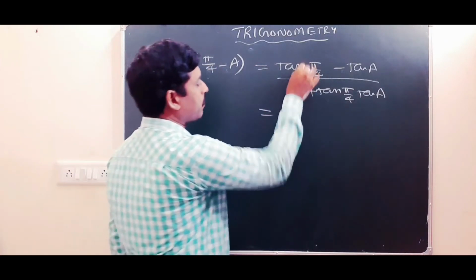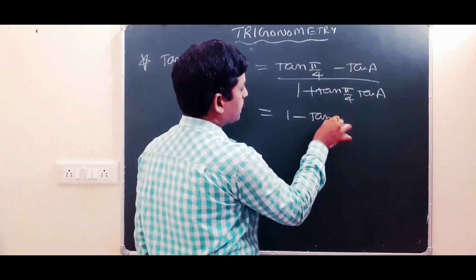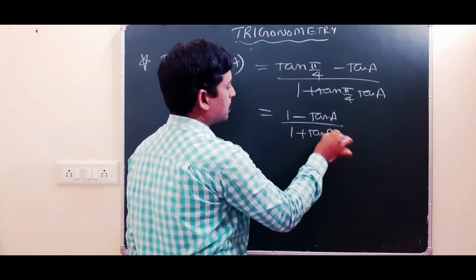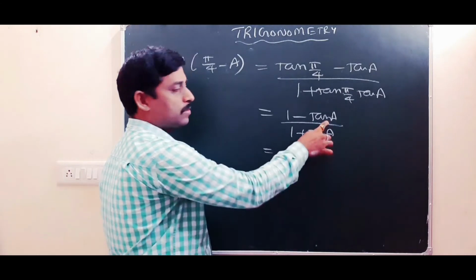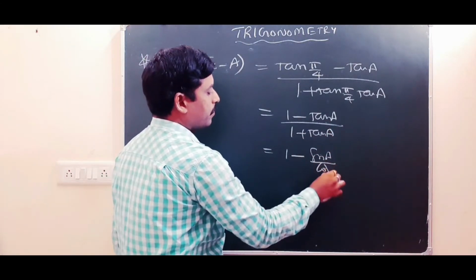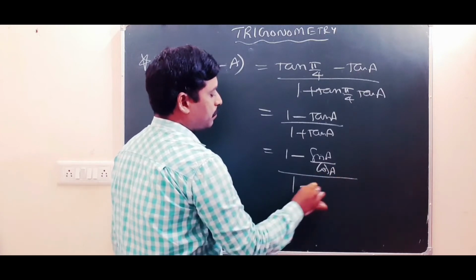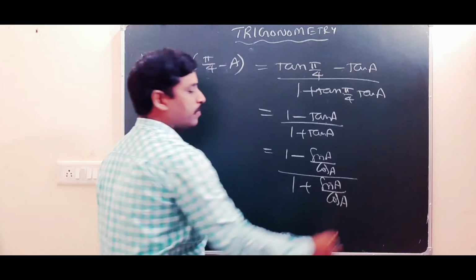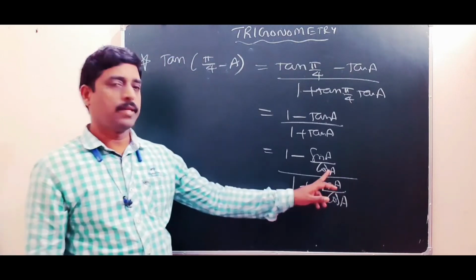So tan 45 value is 1, minus tan a, by the denominator 1 plus tan a. We have the tan a formula sin a by cos a, so 1 minus sin a by cos a, this whole divided by 1 plus sin a by cos a. Let us do LCM. What is the LCM? Cos a.